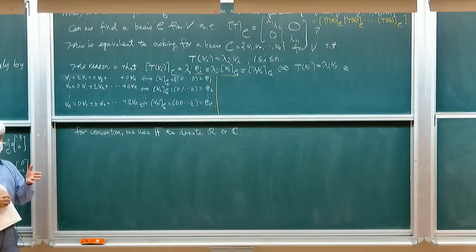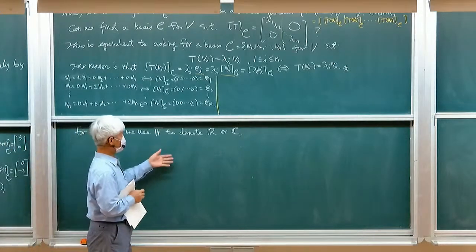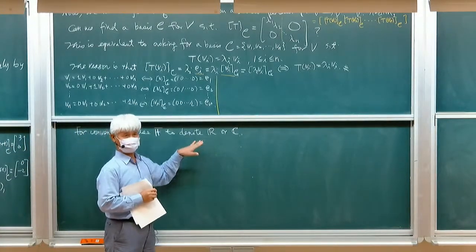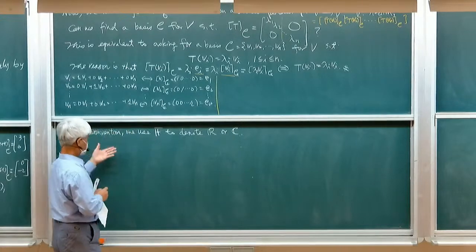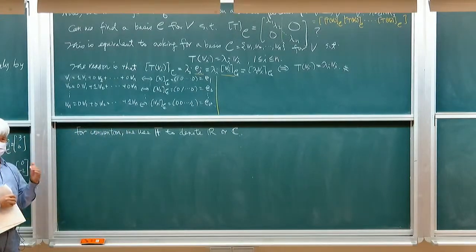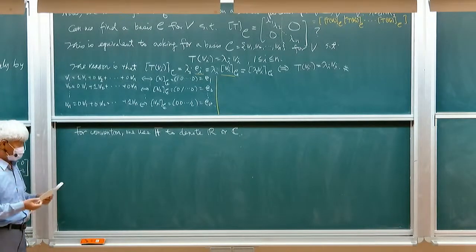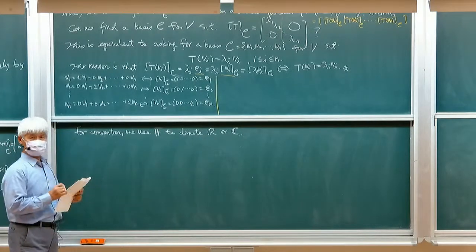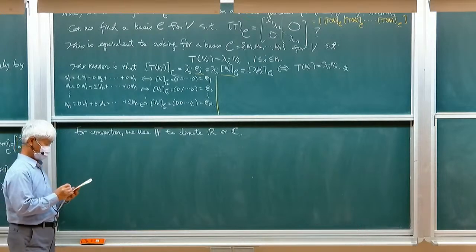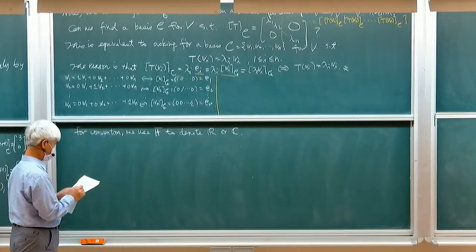But if a result is specific to the real case, then I have to explicitly state that it is related to the real case, or the contrary, the complex case. You will see that they make a difference in our consideration of the eigensystems.